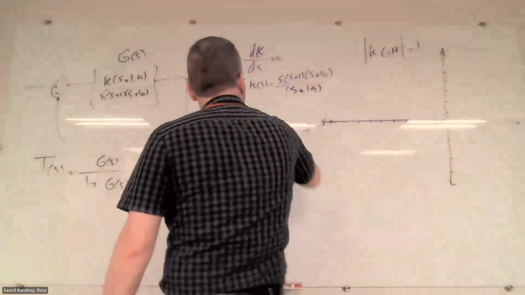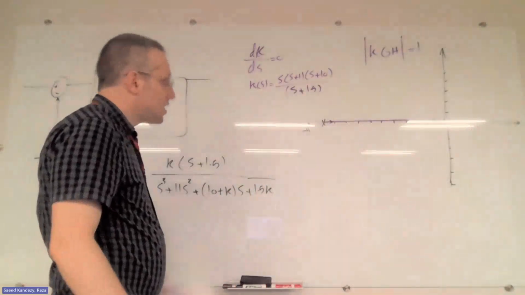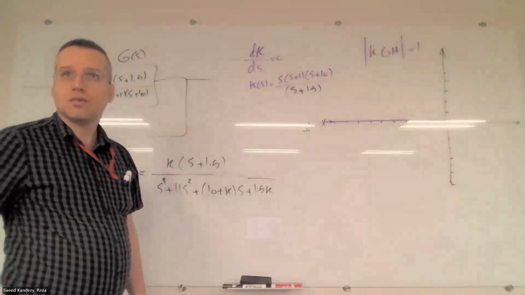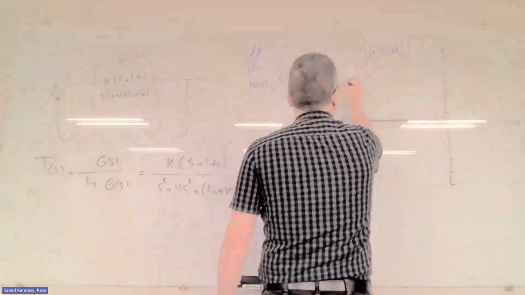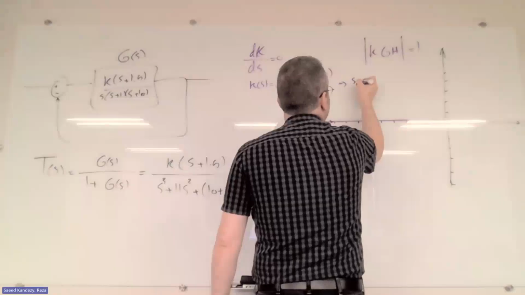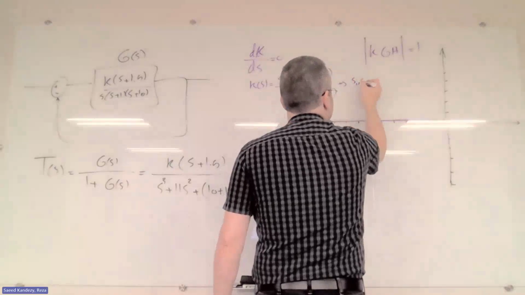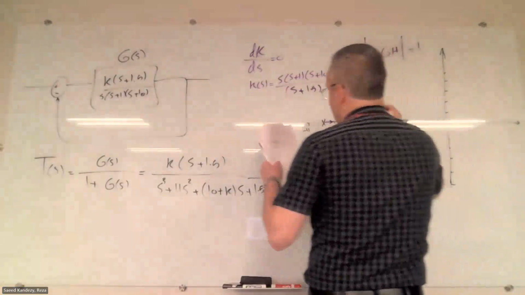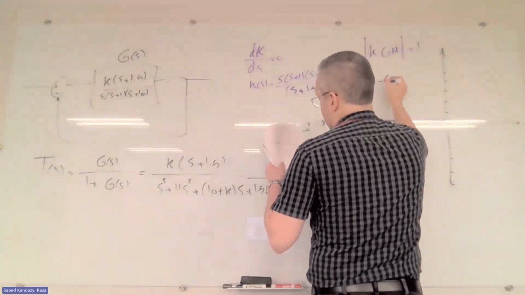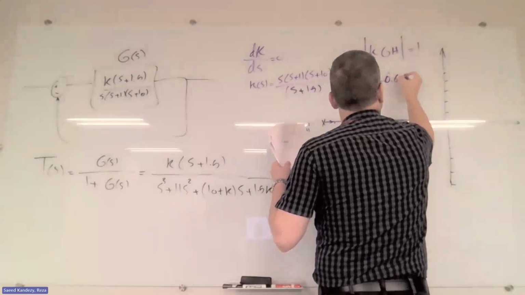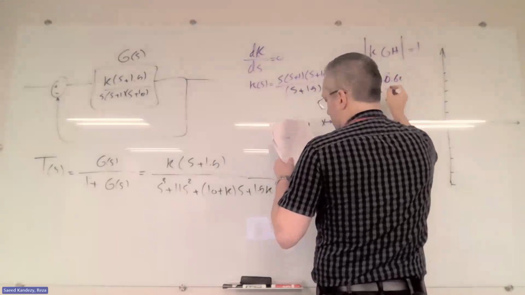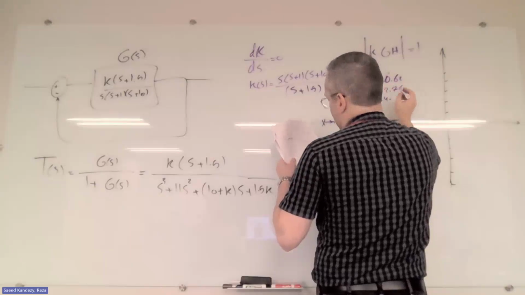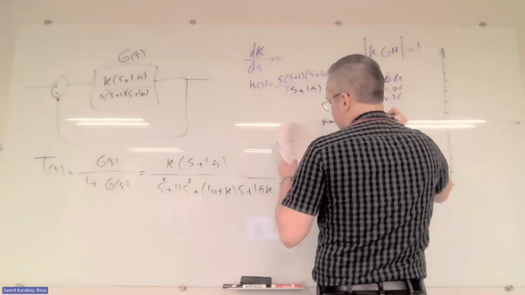If I solve that, the s values that satisfy this condition, there are going to be three of them: minus 0.62, minus 2.76, and minus 4.36.